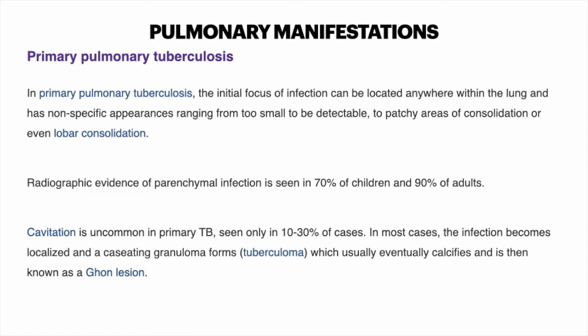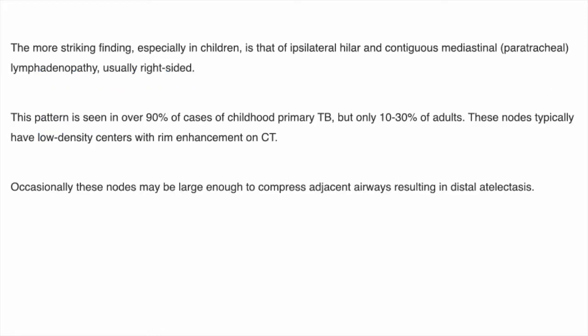In the majority of the cases, the infection becomes localized and forms the tuberculoma, which usually eventually calcifies and is then known as a Ghon lesion. The more striking finding, especially in children, is ipsilateral hilar and contiguous mediastinal lymphadenopathy, usually right-sided.